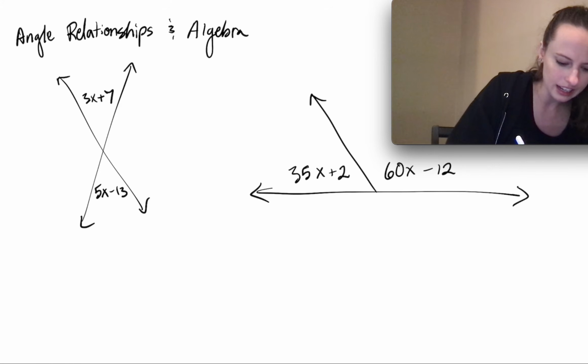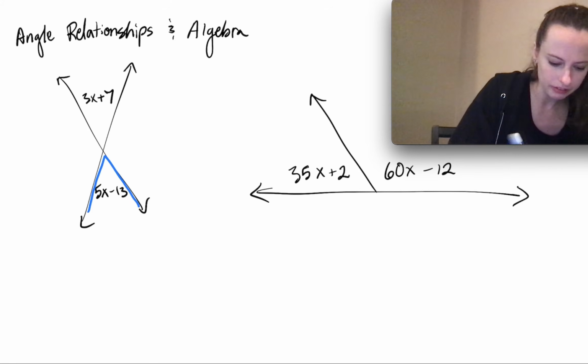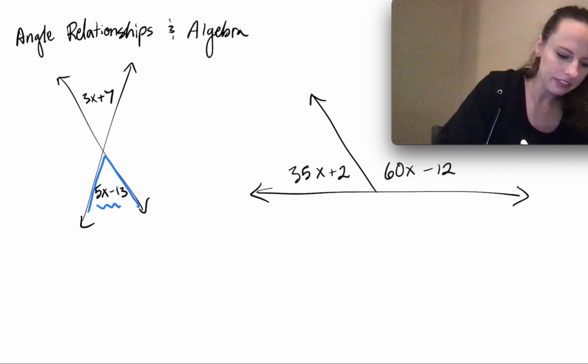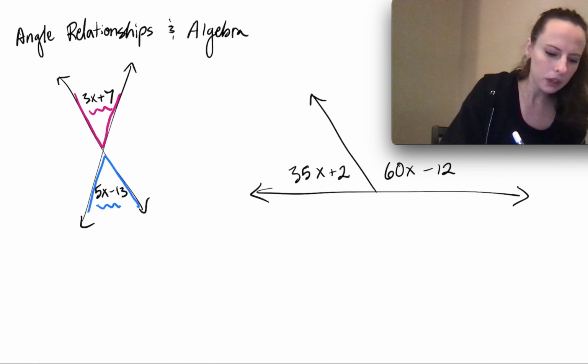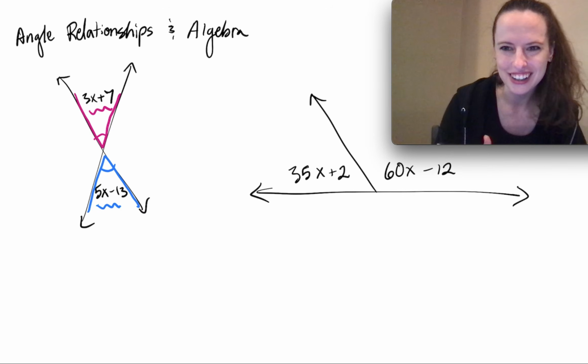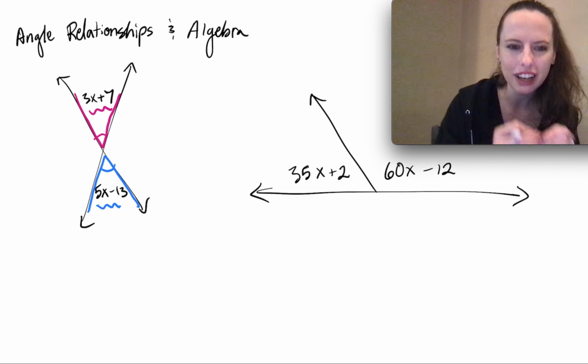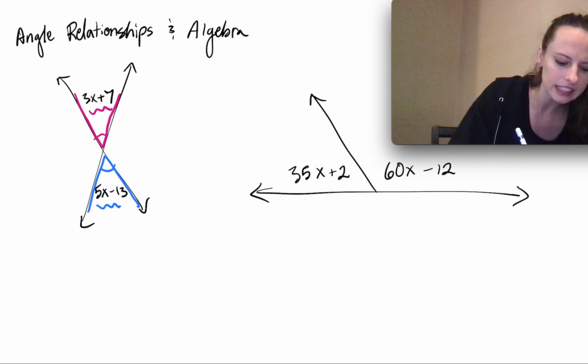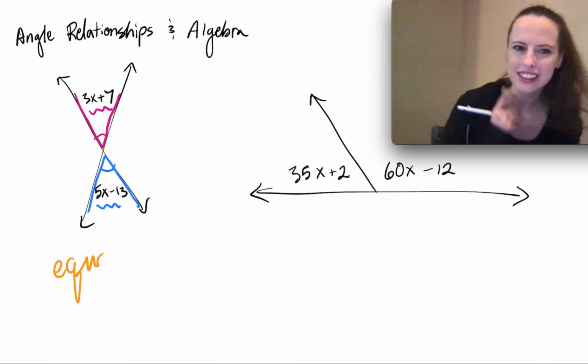So I have this angle in blue represented by 5x minus 13, and I have this angle in pink represented by 3x plus 7. Well, what do you know about the blue and pink angles? Those are vertical angles, and we know that vertical angles are always equal. They're always congruent.